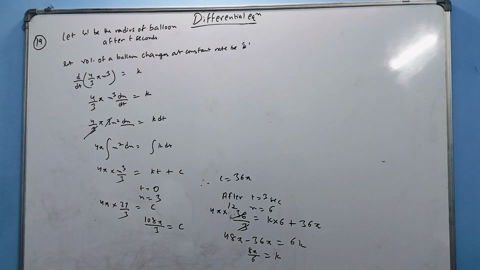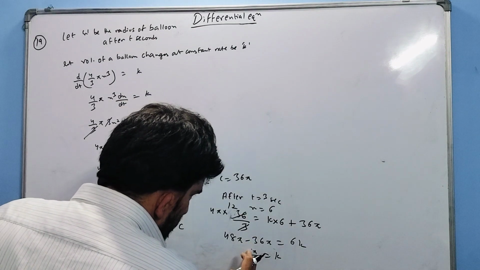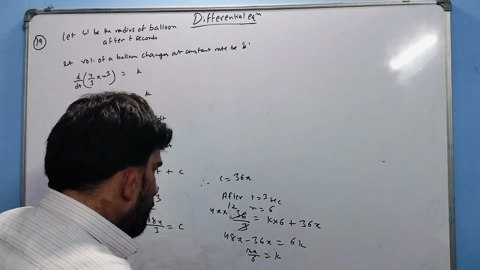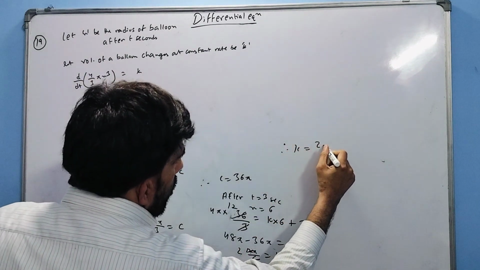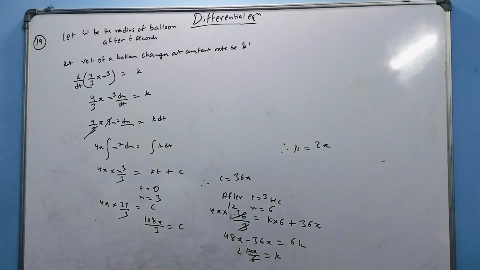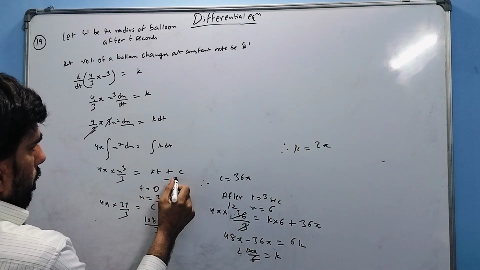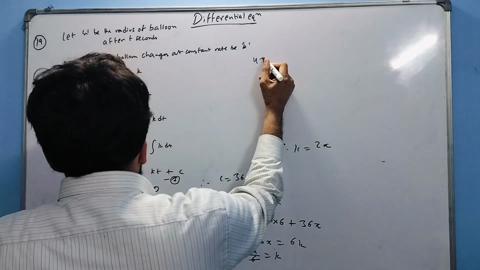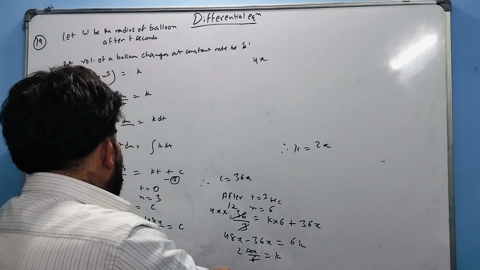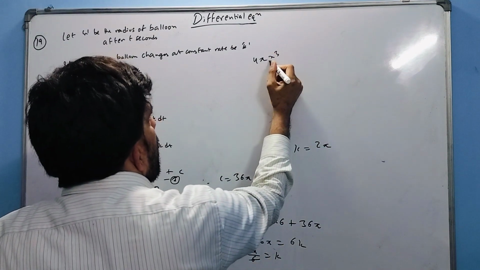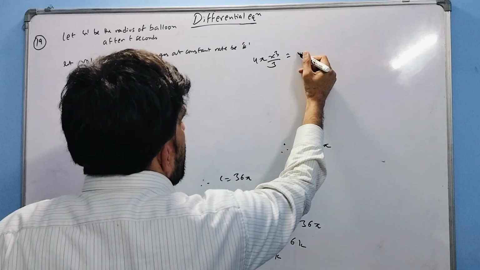Okay, so now I got here not 8 pi, it will be 12 pi. So now I got 2. So now we got k is equal to 2 pi. Now I can put the value of k in the first equation, that is 4 pi x cube by 3 is equal to, we have to find the k value, that is 2 pi into t.